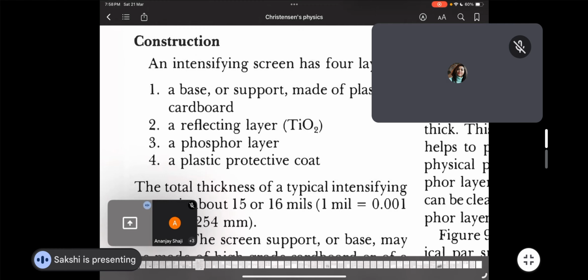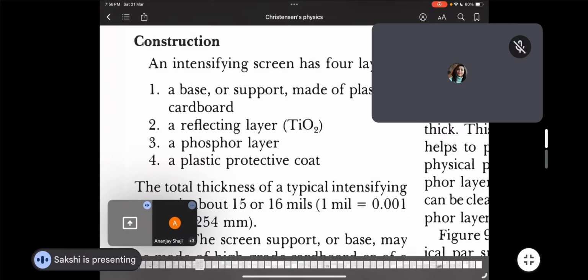Why should we use double emulsion film with intensifying screen? Done with writing? Are you done? Done.